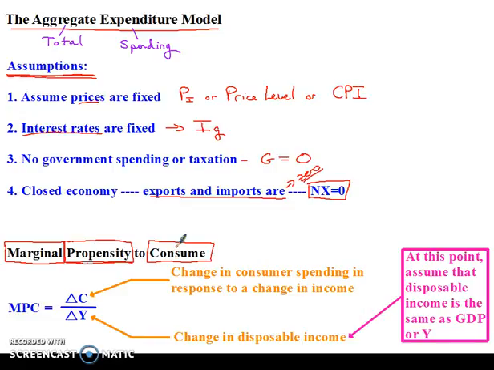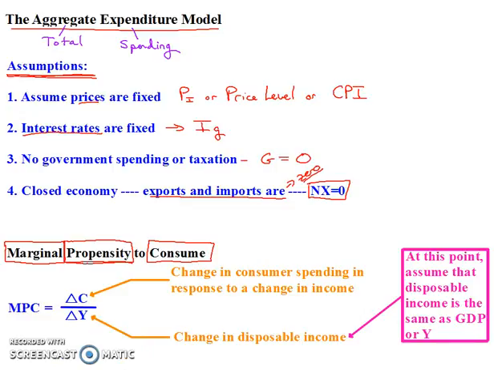We write it like this: the MPC, the marginal propensity to consume, is the change in consumption divided by the change in Y, the gross domestic product. And remember, as we said in a previous video, gross domestic product is total spending in society, total production in society, and total income in society. Right now we want to think about it as income.